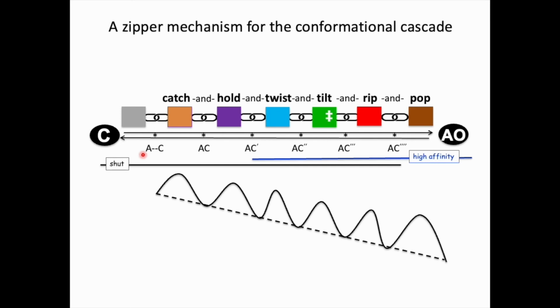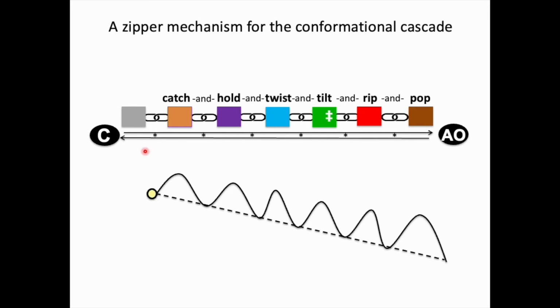And of course, there's a very low affinity state here before the agonist has formed the low affinity complex. And the black line represents all the states that are non-conducting or shut, all the way from C. In this model, the only state that is conducting is O. And this shows the linear free energy relationship between those states.